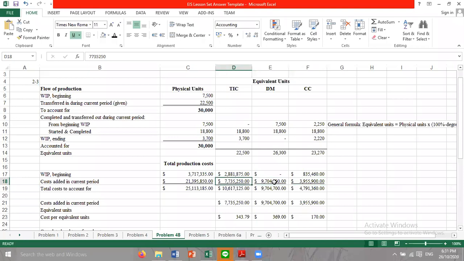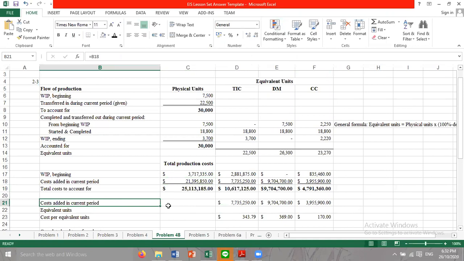Whereas the rest, since the question does not state any differences, will be equal to the previous one. And then if we add all of them, we'll gain 21,395,850. Then once again, we'll find the total cost to account for. Here we go. These are important information.